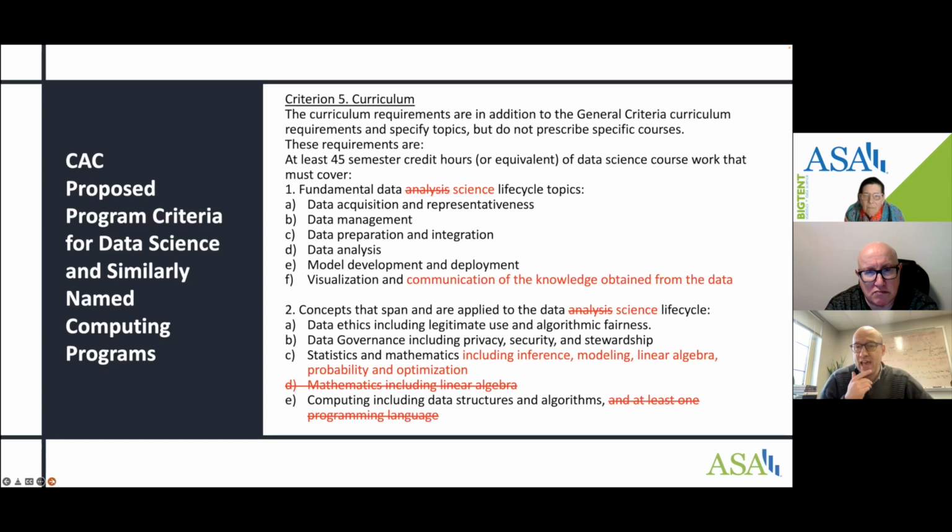One of the things that happened was that the original criteria basically had a whole bunch of detailed things that had to be included under the computing category. But then there was like one line of math and statistics. And one of the things that we felt as a professional association, I'm talking about ASA now, is that maybe we ought to expand that a little bit. So what you're seeing here reflects that, among other discussion items that happened over the past year.